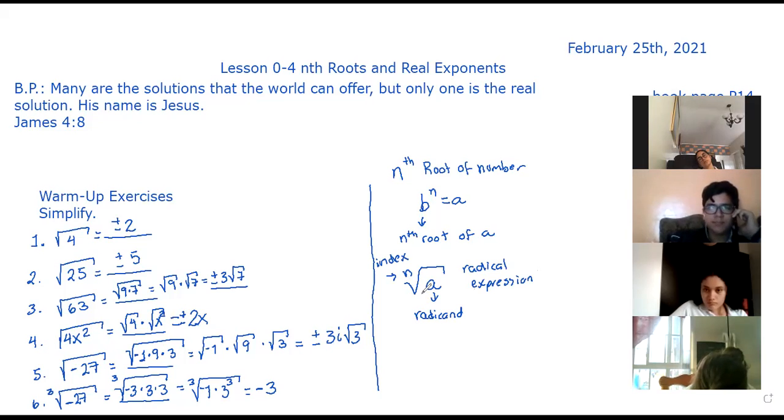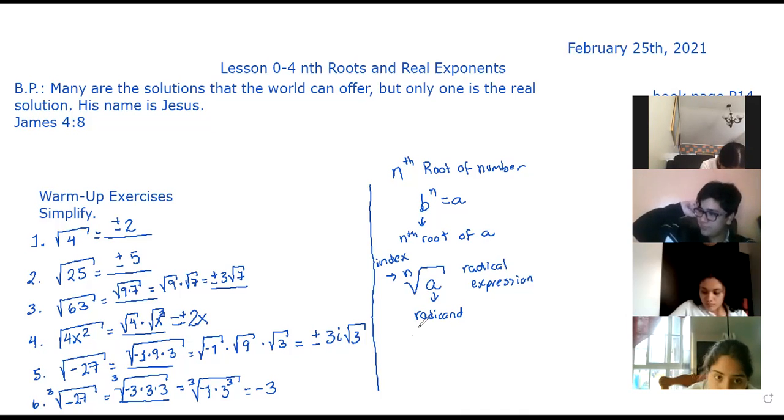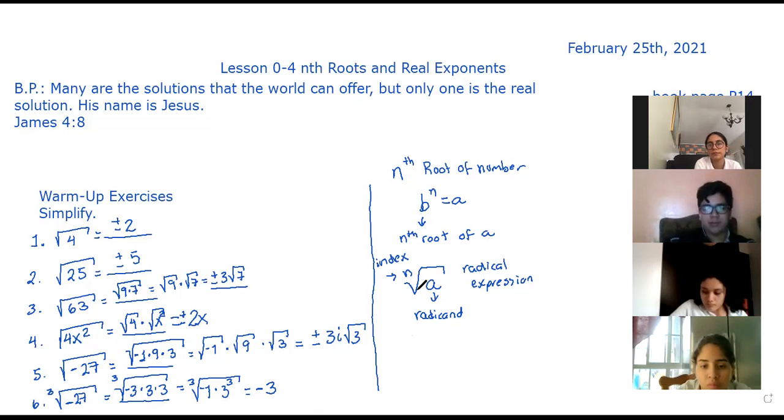Now, the number of roots depends on the value of n. I'm reading the chart for real nth roots of real numbers in the same page. If n is even, which are the even numbers, guys? Let's see if you remember. 2, 4, 6, 8, 10, and so on.